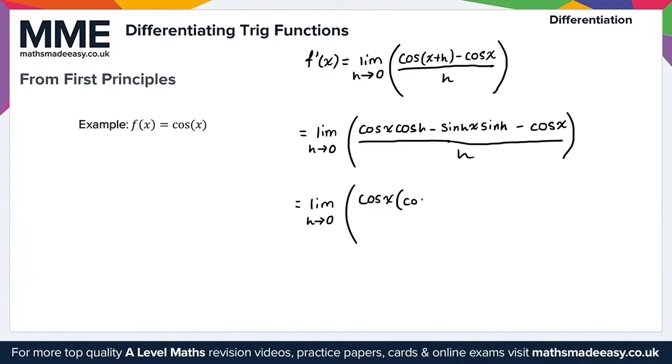That would give us cos x times cos h, giving us cos x cos h, and then cos x times minus 1, giving us minus cos x. And finally, we've got this minus sin h and sin x. It doesn't matter which way we write these round, so that's fine. And we've still got our denominator of h here.